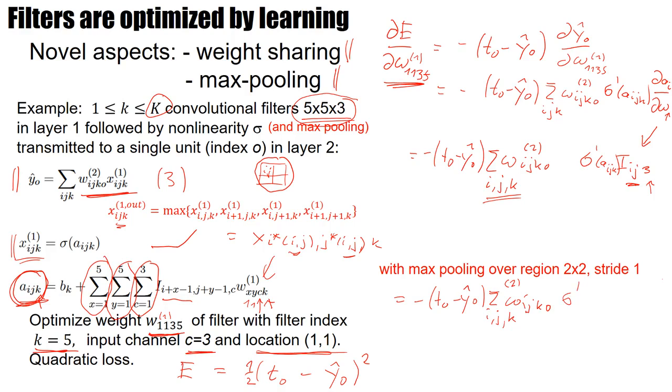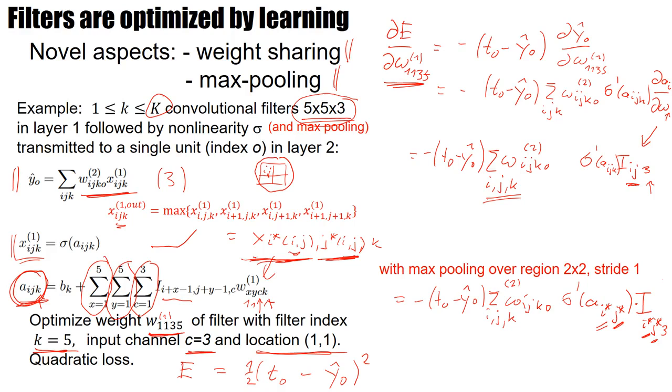I have my sigma prime, and now it's no longer the index i, it's the index i star, the winner, j star, the winner for this ij, i star of ij, j star of ij, times i star, j star 3. So note that this is really shorthand notation. I mean i star of ij, j star of ij, and here the same thing.